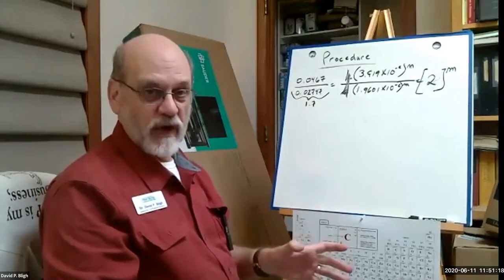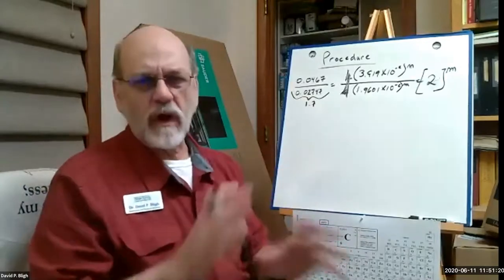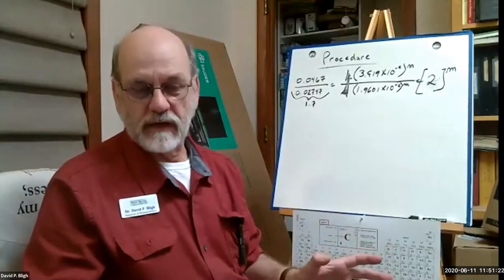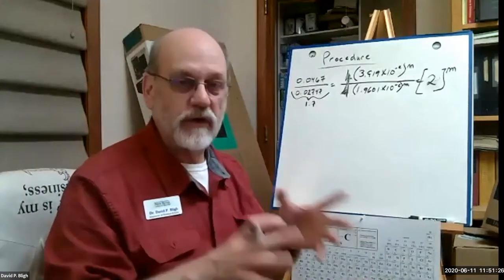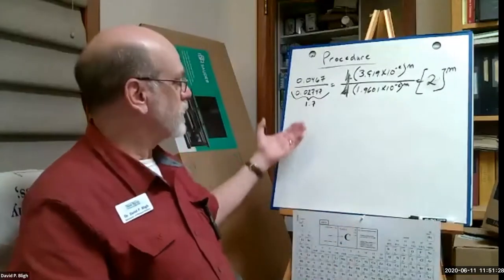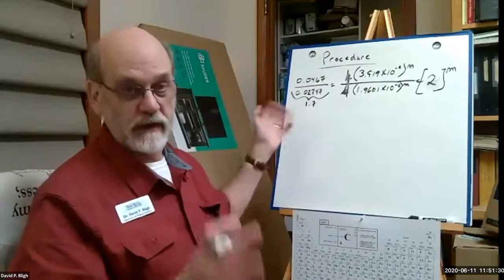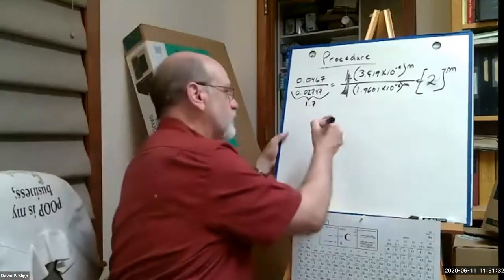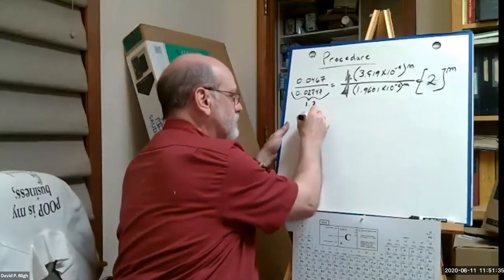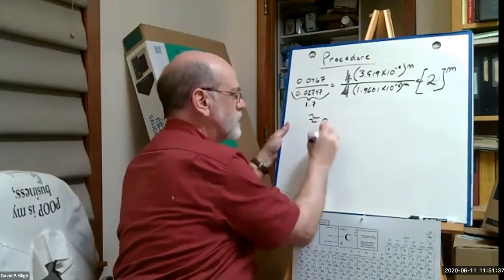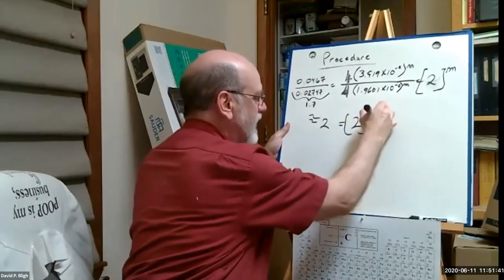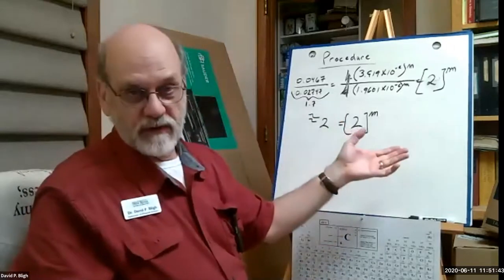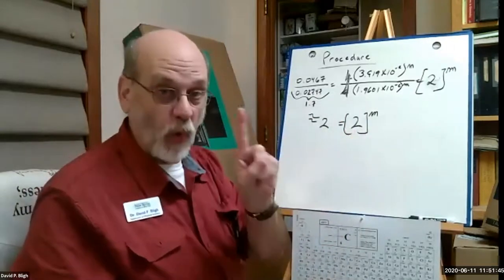The rough estimate way is you say, all right, we want whole numbers, as near to whole numbers as possible. So what's the closest whole number to 1.7? It's 2. Right? So if we say that approximately 2 is equal to 2 to the m power, what's m? m has to be 1.